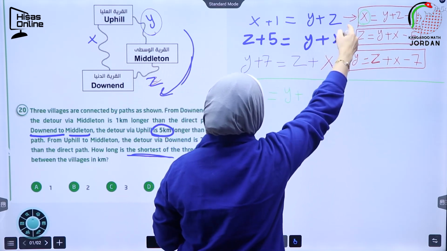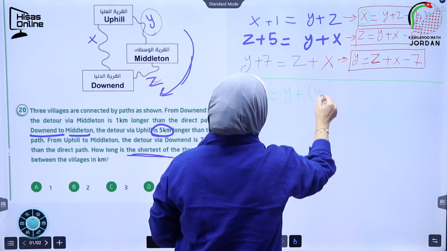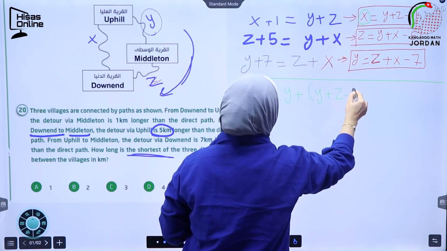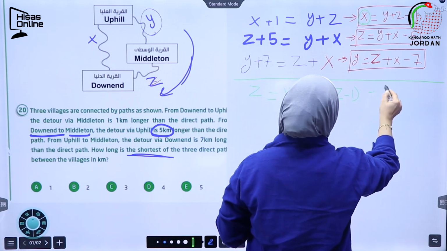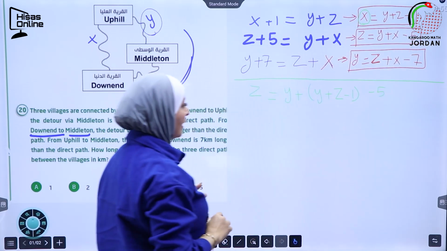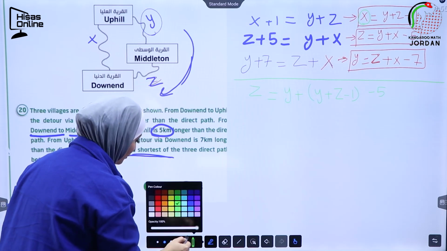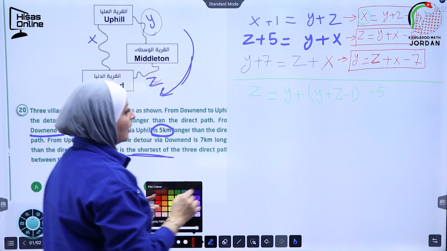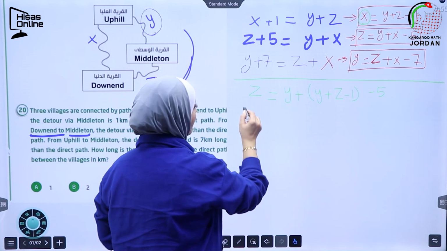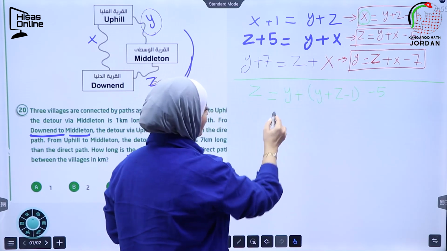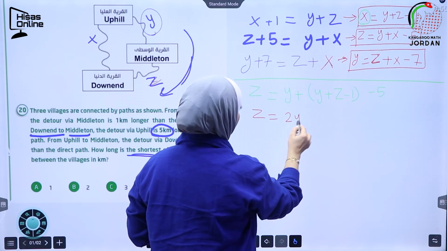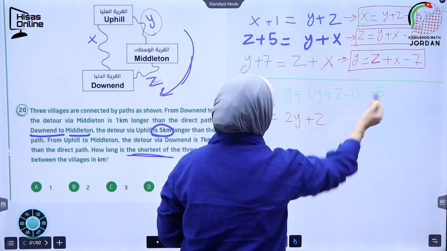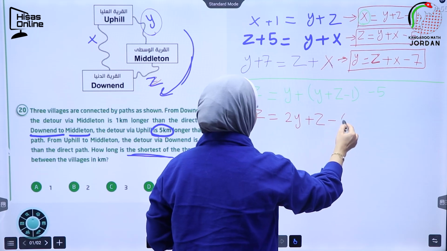Instead of X, I will use Y plus Z minus 1, then minus 5. Z equals Y plus Y is 2Y plus Z, negative 1 minus 5 is negative 6.